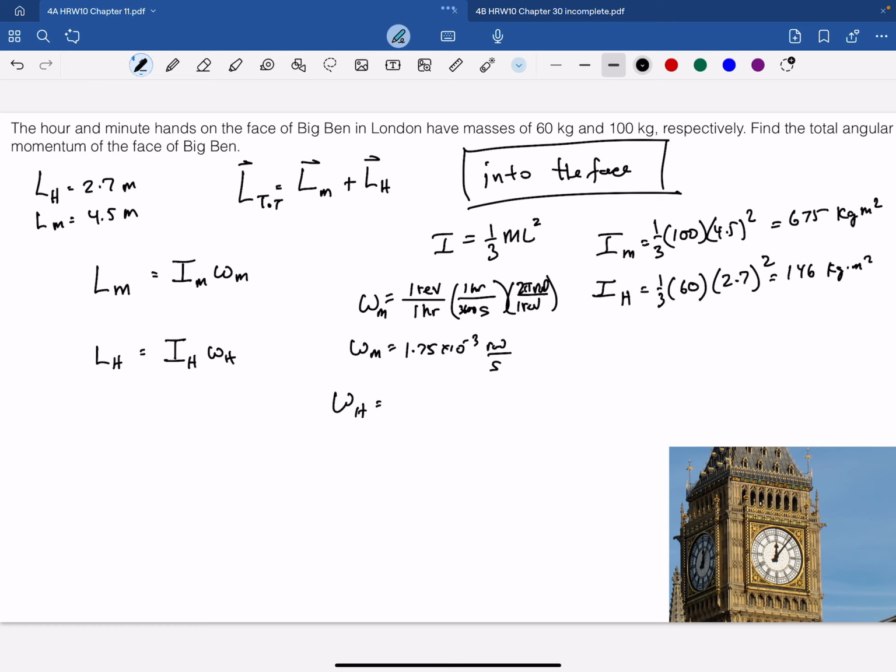All right, angular speed of the hour hand. The hour hand goes around once, 1 revolution every how many hours? 12. I know, it's hard to be young.